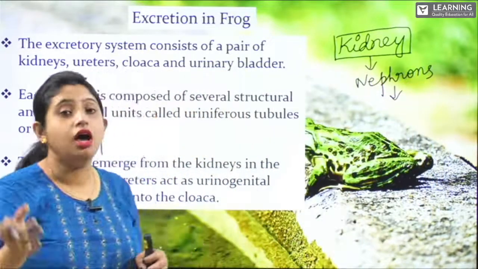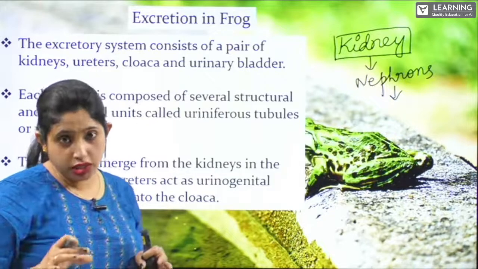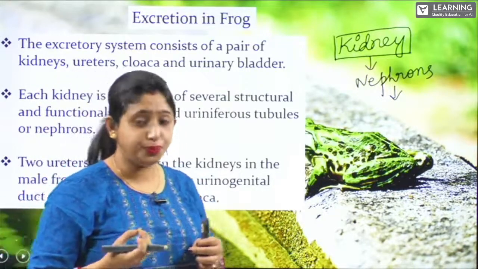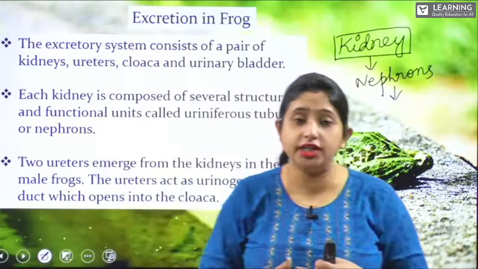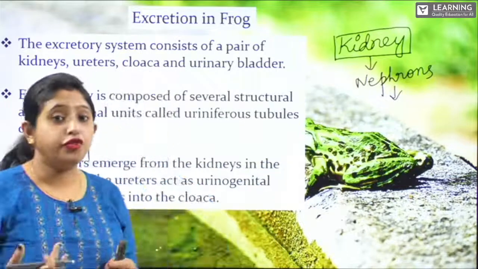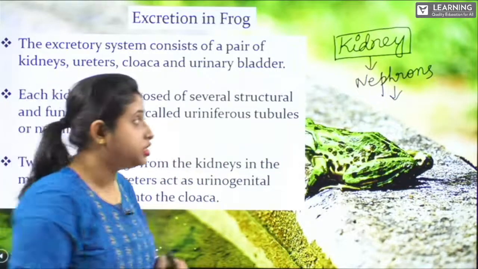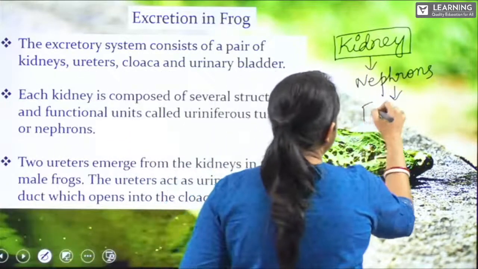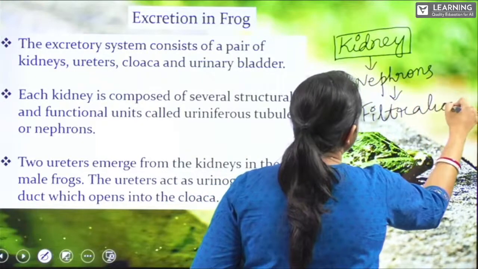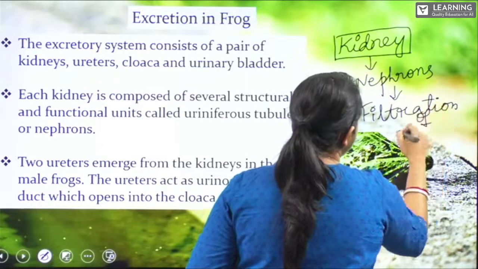Nephrons are the main unit of the kidney, where the purification of blood takes place, right? The kidney is responsible for purification of blood, that is filtration. So nephrons are basically responsible for the process of filtration of blood. Clear?